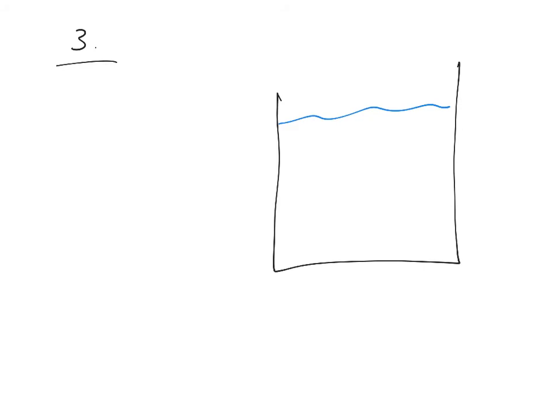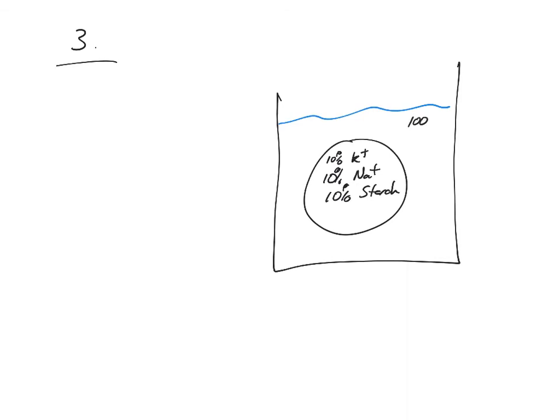All right, so here we have this cell, and you have 10% potassium, 10% sodium, 10% starch. Outside you have 100% water.